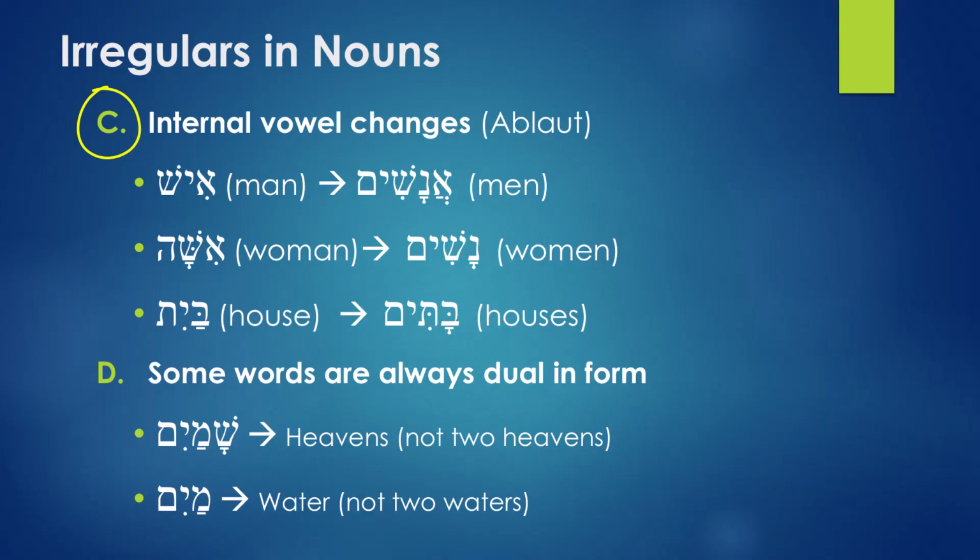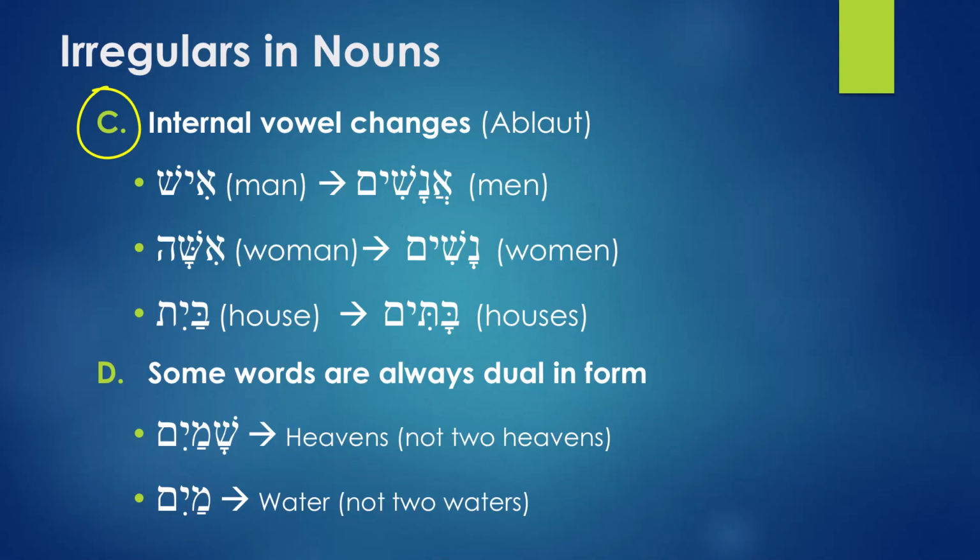Another example is the word isha. Ish means man, isha means woman. Now isha, to pluralize it, is going to become nashim. Anashim, men, nashim, women. Again, you have internal vowel changes.